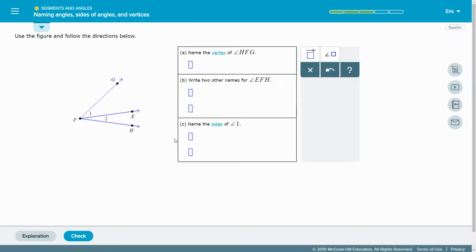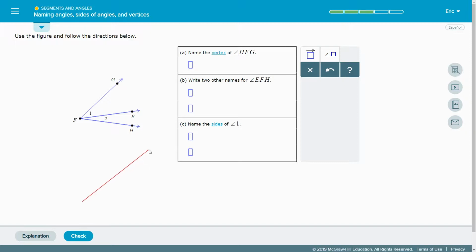Naming angles, sides of angles, and vertices. Here's where things get tricky if you don't understand your shapes, your angles, or if you just skip the ALEKS explanations at the beginning. So, to be very brief, an angle is formed by two rays that share an endpoint.